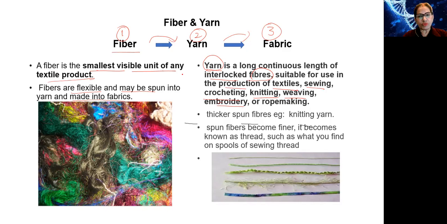Okay, so from fibers we get the yarn, and this yarn can be used in sewing, it can be used to make fabric, it can be used for crochet work. Crocheting is the thread work which is used. Then knitting, all of you know about knitting, you're familiar with sweaters and socks which we wear, they are also knit.